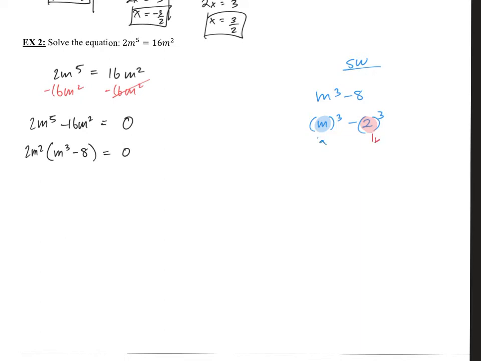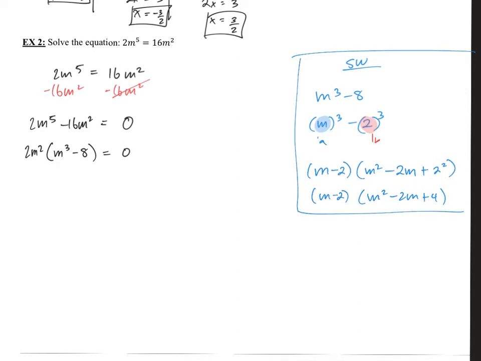And using the formula, this is going to factor out to m minus 2, m squared plus 2m plus 2 squared. So that'll be m minus 2 times m squared plus 2m plus 4. Okay, that's my scratch work on the side.